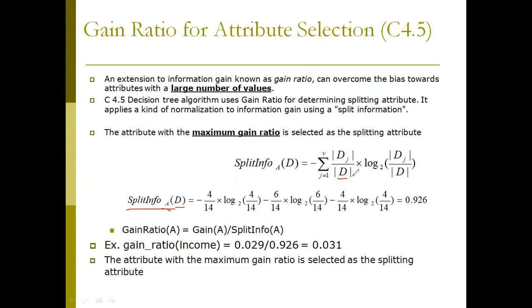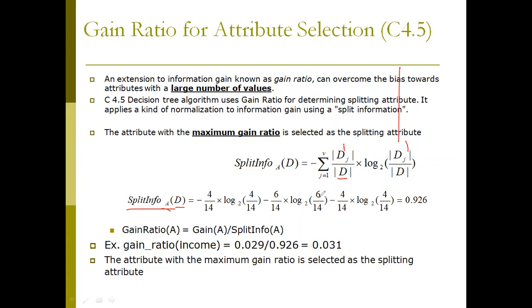The total number of instances means 14, already you know that. And among the 14, we take each data object's count, data object 1 by total number of instances, and so on.